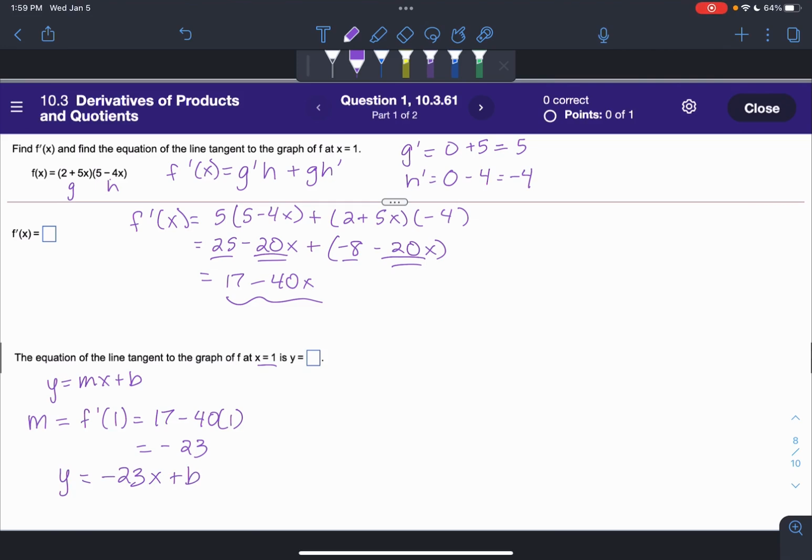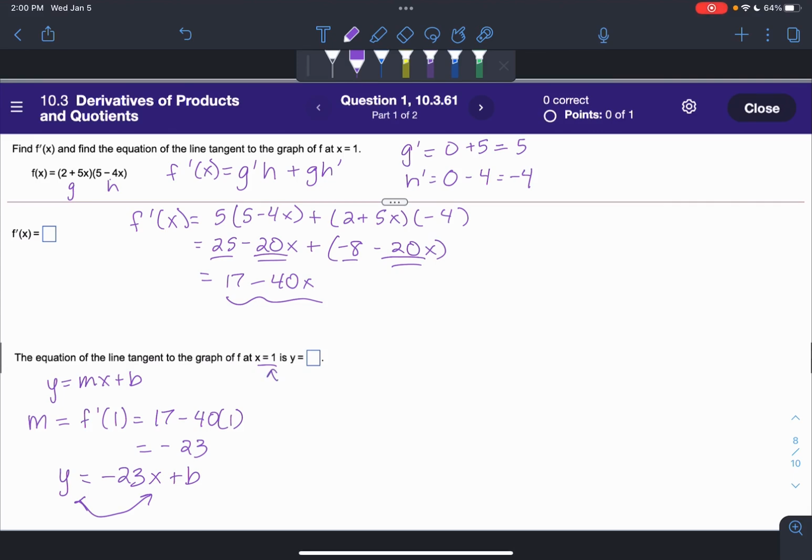And so most lines have a y and an x, but then I have this b, this unknown b. So you remember how we find this, it's called a y-intercept, right? So what you can do is find an ordered pair for x and y, plug them in, and then solve for b. And this ordered pair for this tangent line is actually going to be the point at x equals 1.